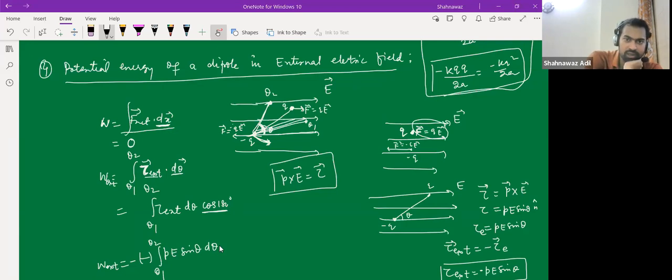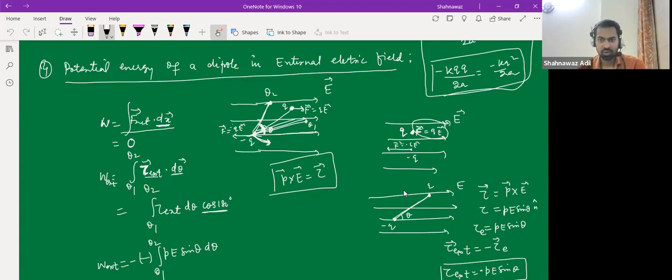Yeah. So Hafsa, you see that we have a dipole, right? We have a dipole and we want to calculate the potential energy of this dipole, which is placed in some electric field.